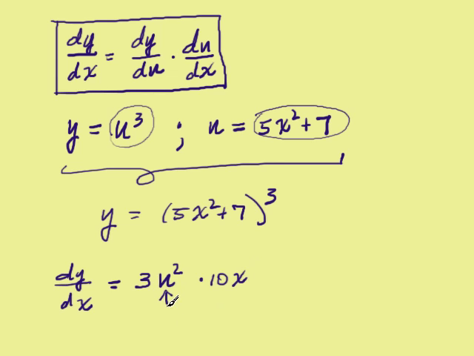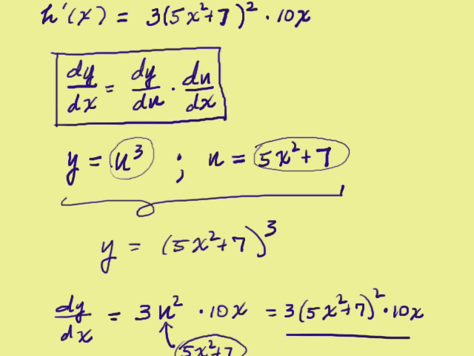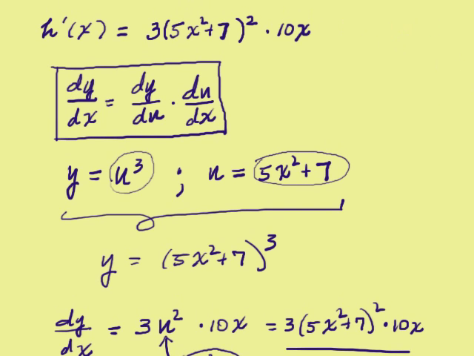Now, if we write what u is equal to, u is 5x squared plus 7, just substitute that in for u, we get 3 times 5x squared plus 7 squared times 10x. All right, and this is the same result that we got previously for h prime of x, the same thing.